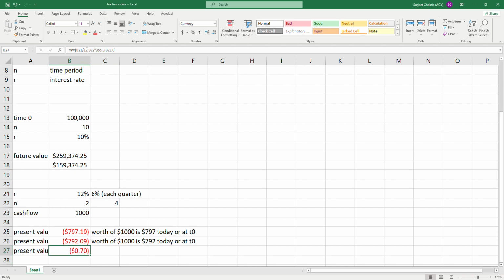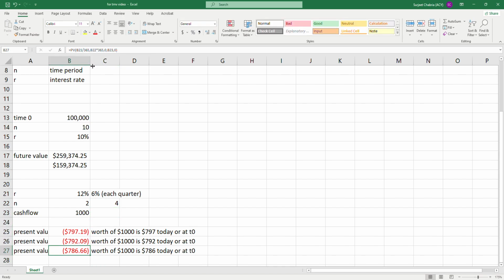And this should also be divided by 365. So the worth of $1,000 is basically 786 today, or at T0, right?